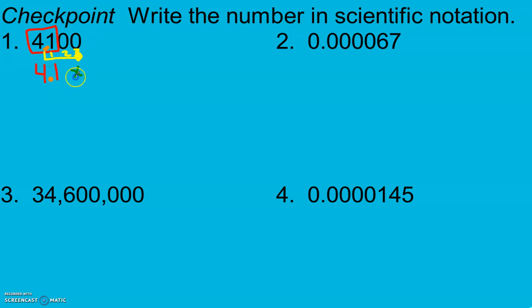So I multiply times 10 to the third. And it's a positive 3 because it's a big number, and we'd have to move it back towards positive numbers on a number line, towards bigger numbers. So it's a positive 3.